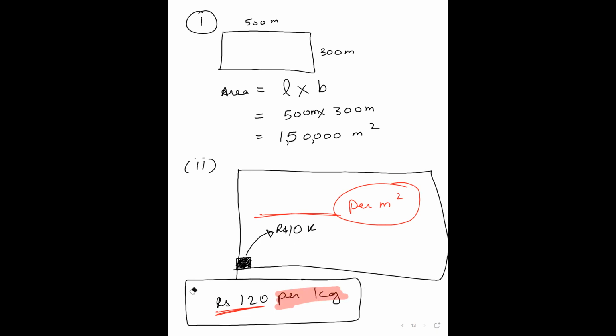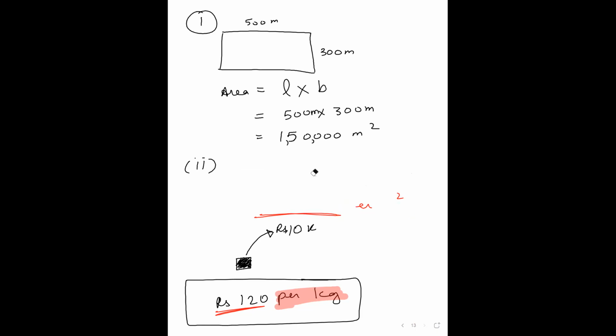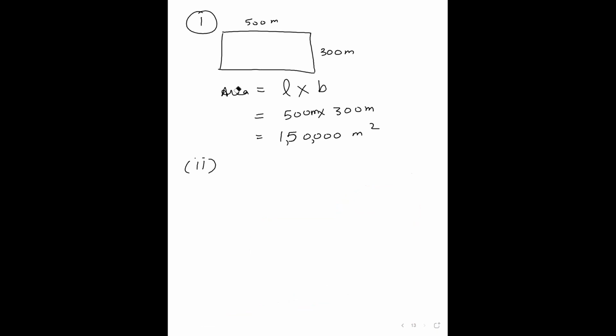So let's come to this. Find the cost of the land if 1 meter square costs 10,000 rupees. In this, we use the unitary method. I personally prefer that method, but you could use some other method also if you like.